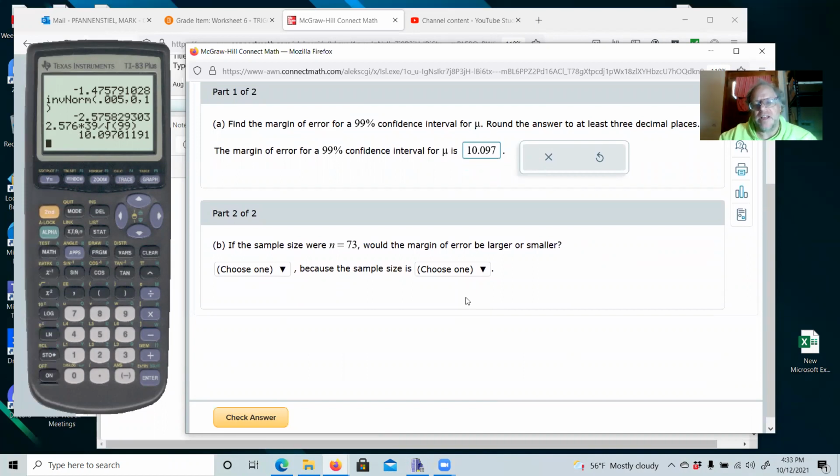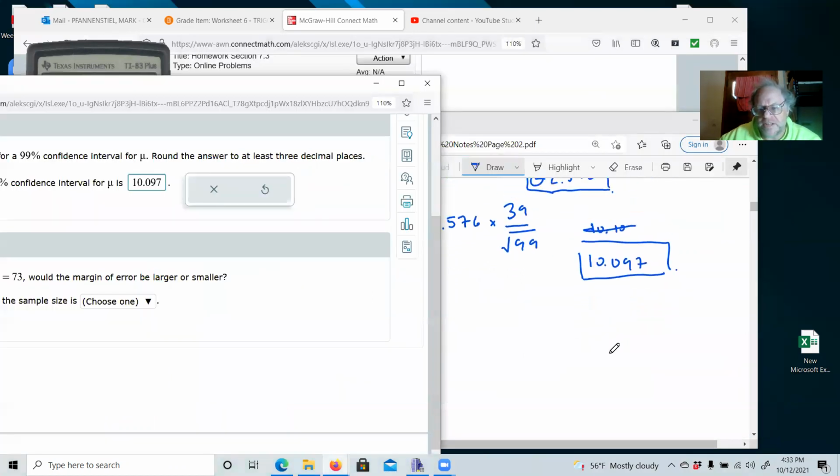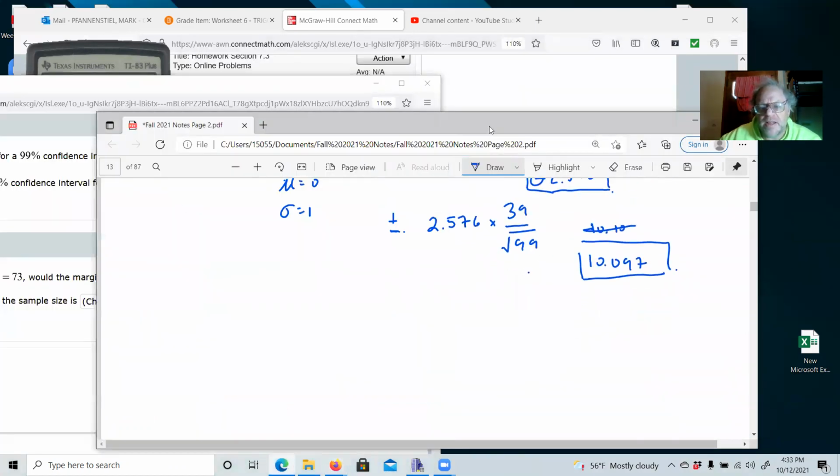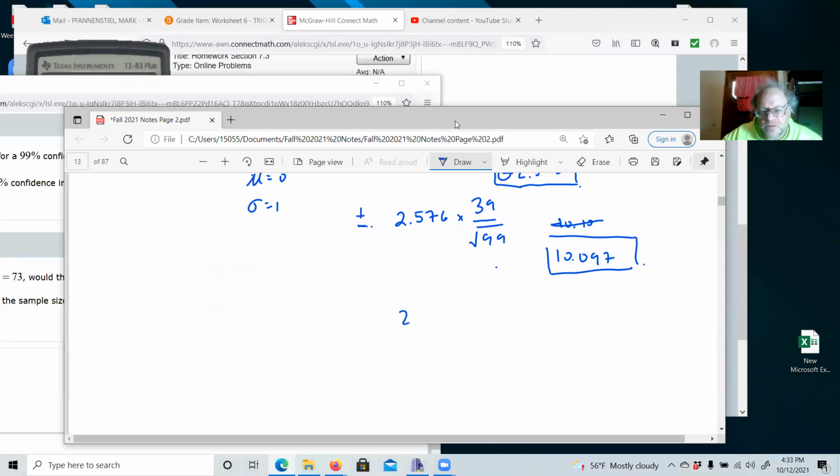Now, if the sample size were 73, would the margin of error be smaller or larger? How can we do this? Let's make it a ridiculous problem. Let's do 2.576 times 39 over something, and I don't even want to do the square root, since we've already taken a square root.